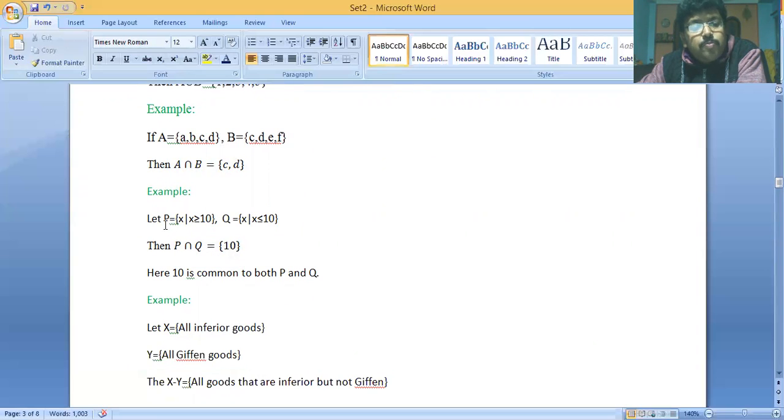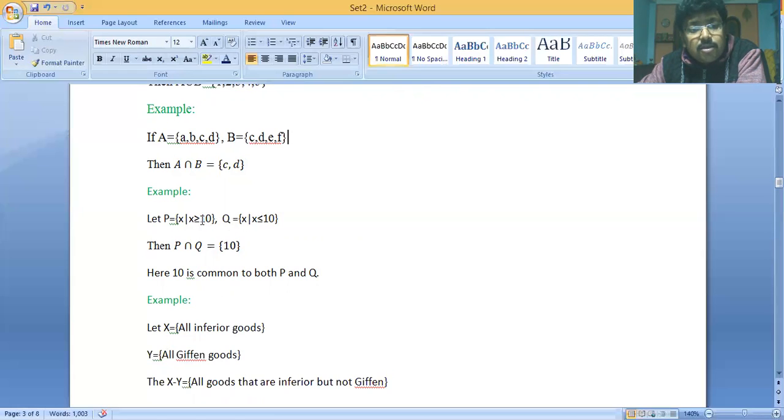Look, P is a set, where X is such that X is greater than or equal to 10. The value of X is 10 or greater than 10. And Q is a set where X is such that X is less than or equal to 10, so X is equal to 10 or less than 10. So P intersection Q, what is common between the two sets?